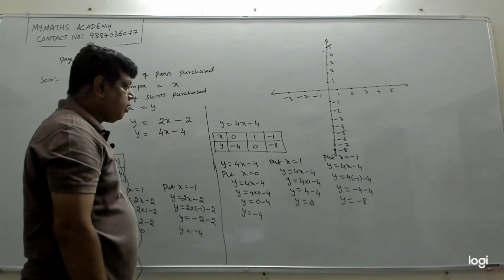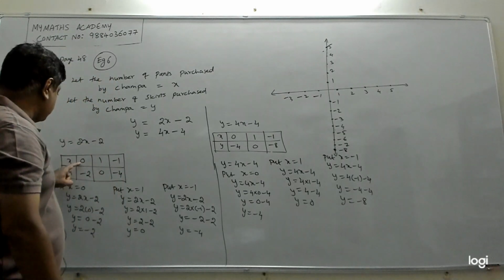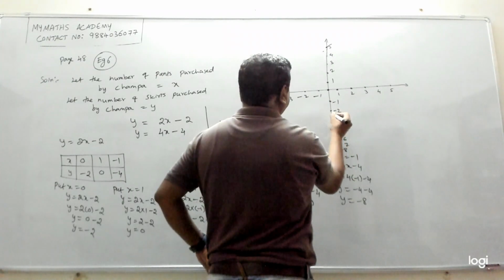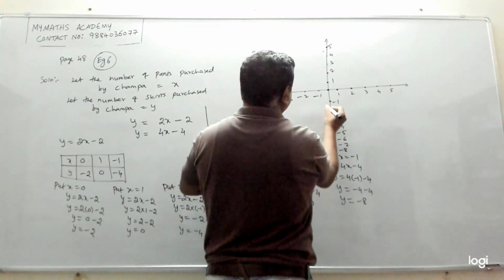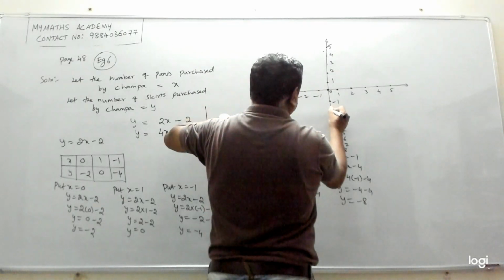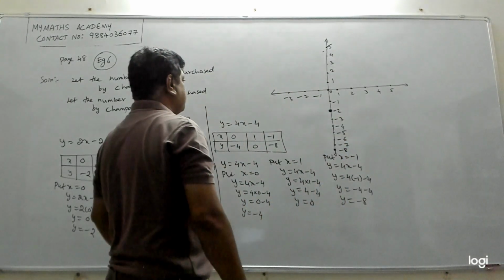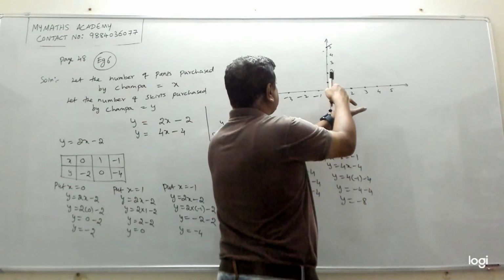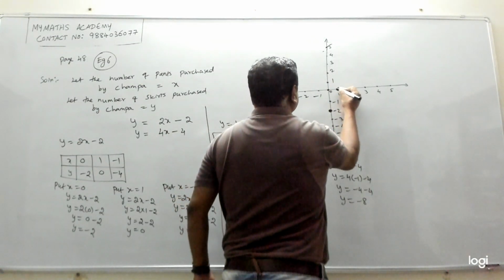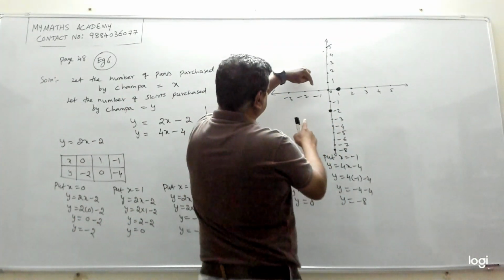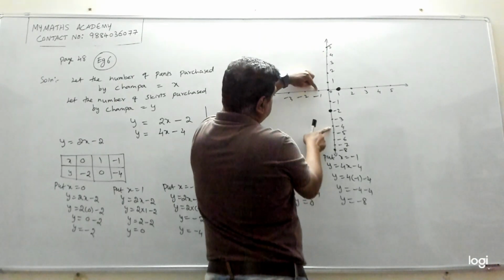Clear? Now let's plot the point. Let's do for this 0 comma minus 4. So 0 is here and minus 4 is this. So x is 0, then y is minus 4 is this point. Then 1 comma 0. So x is 1 and y is 0 there only. Then minus 1 comma minus 8. Minus 1 is here, x is minus 1, y is minus 8.